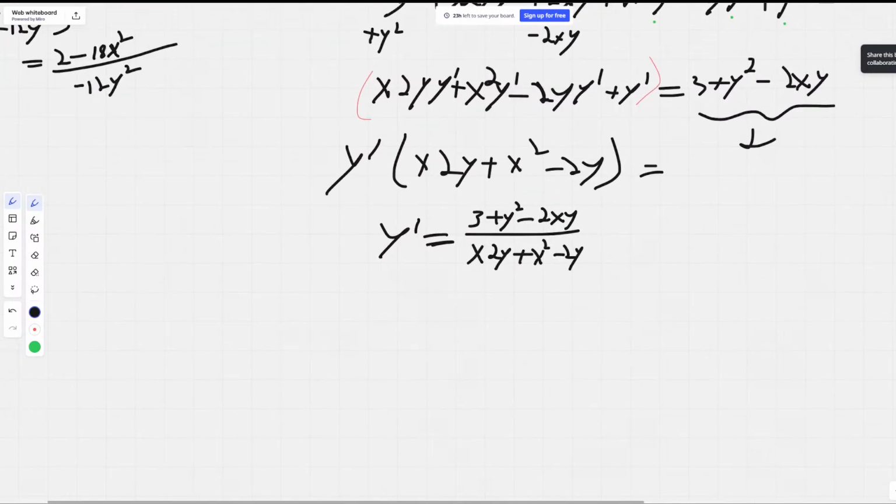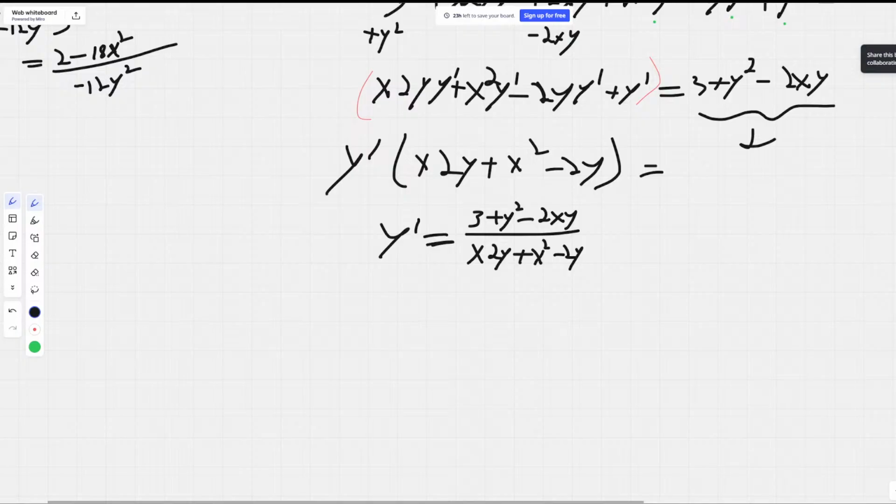Okay, I'll start moving everything over like I did previously, which left me x 2y y prime plus x squared y prime minus 2y y prime plus y prime equals 3 plus y squared minus 2xy.